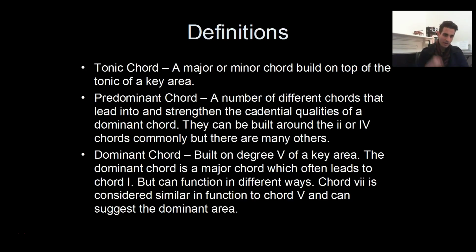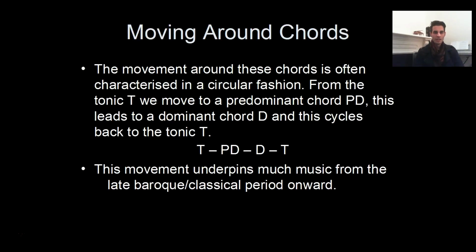So we have these 3 areas. They are very cyclical, and we hear them articulated in a number of ways. And I know that many of you have come across these terms before and understand the relationship. So when we move around these chords, we have the tonic, which is generally stated at the beginning, but not always. There's a common thing that I'll do, which is in brackets say not always, but generally the tonic will be the first thing stated.